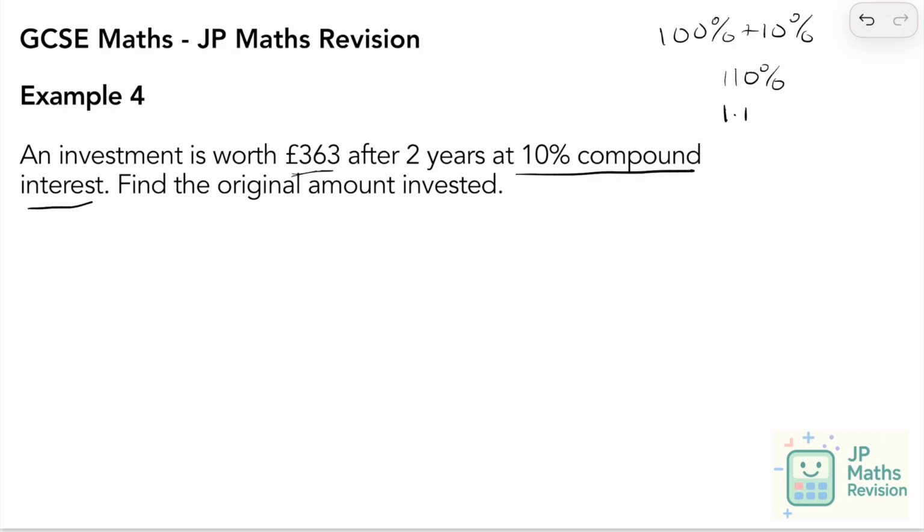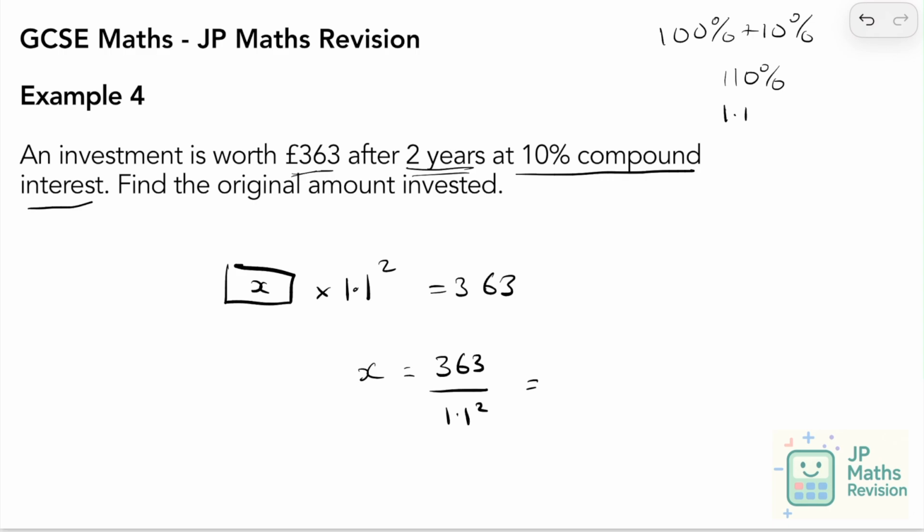So what we do is we take the original and we times it by 1.1 to the power of 2 because it's for 2 years. So when we did that, we got the final amount, which was £363. So working backwards to find the original, all we do is divide by 1.1 squared, because the opposite of timesing by 1.1 squared is dividing by 1.1 squared. So if I call the original x, to work out what x is, we're going to do 363 divided by 1.1 squared, and the answer to that is £300. So the amount originally invested was £300.